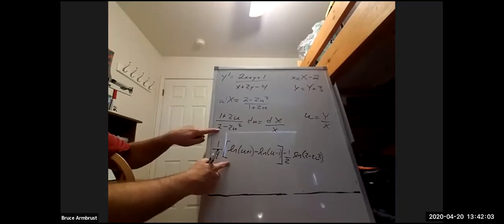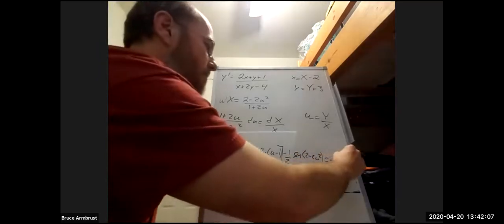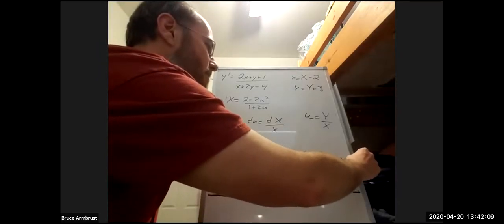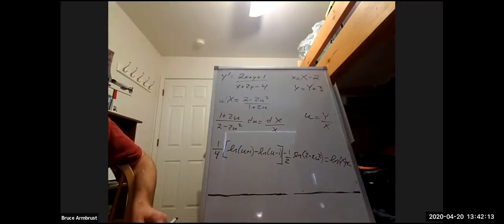Yep, that put the big bracket around the minus ln u minus 1 part. Yep, there we go. Okay, so that looks good for the integral of this. Yep. So then that equals natural log of big X plus c. Beautiful.